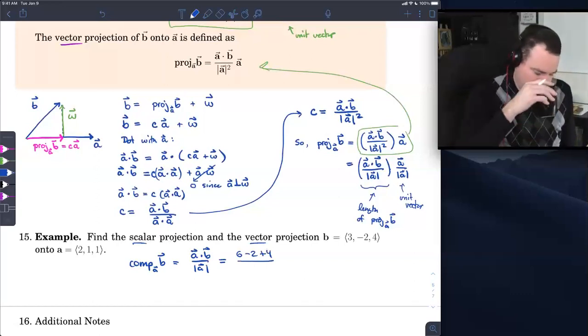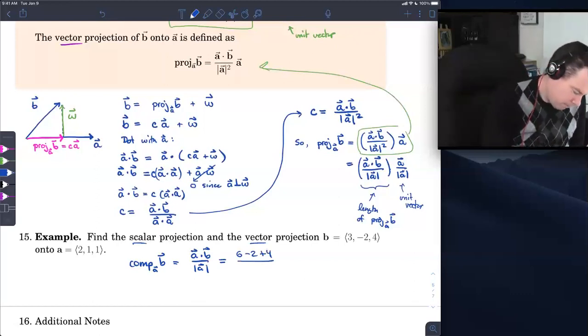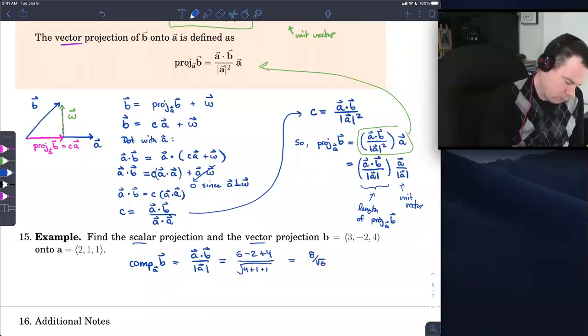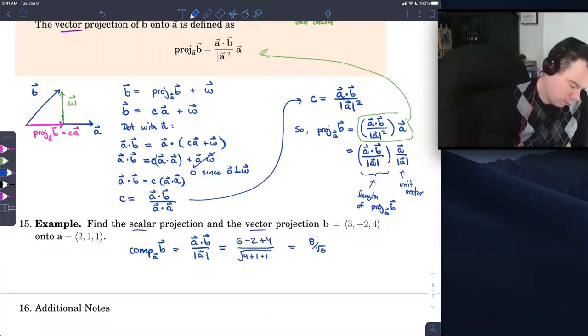And then the magnitude of A is 4 plus 1 plus 1, square rooted, or in other words, 8 over root 6. So that's how much of B is pointing in the direction of A.